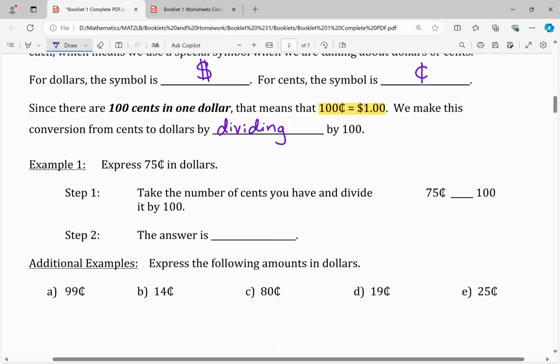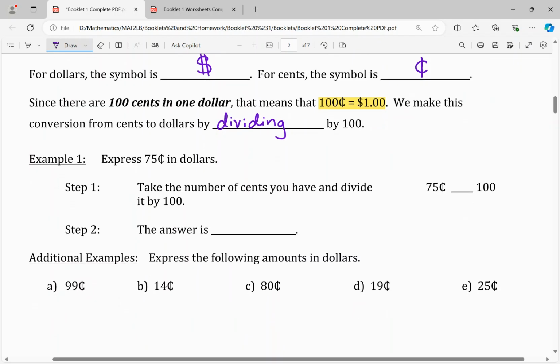So what does that look like? I might ask you a question such as, express 75 cents in dollars. So what you're going to do is take the number of cents and divide it by our magic number, which is 100.